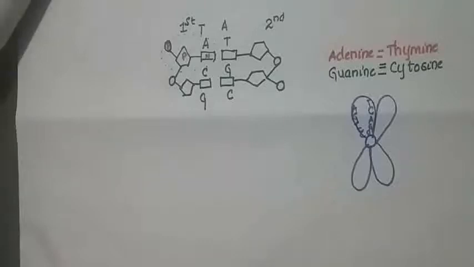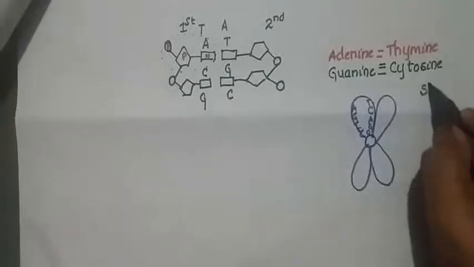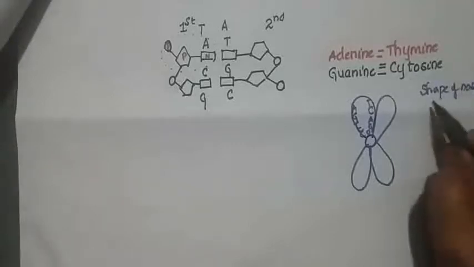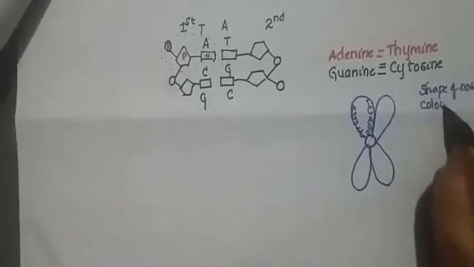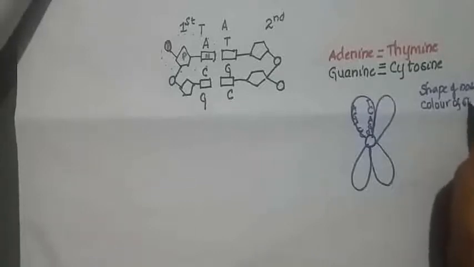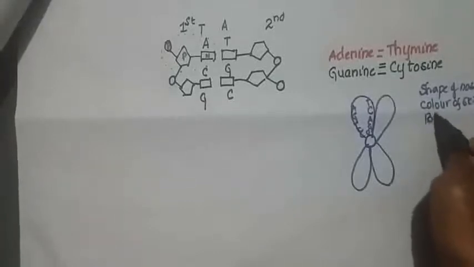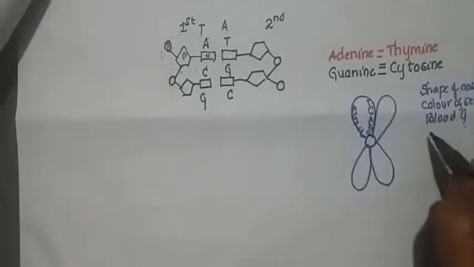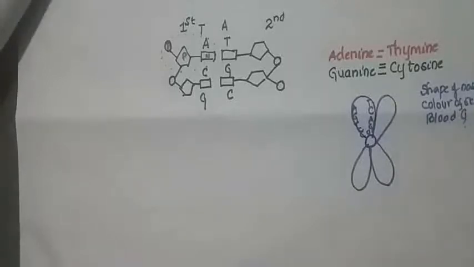What do you mean by that? It can be the shape of your nose, the color of your skin, your blood group, okay, some people suffer from color blindness, where they cannot identify the 2 colors, right?